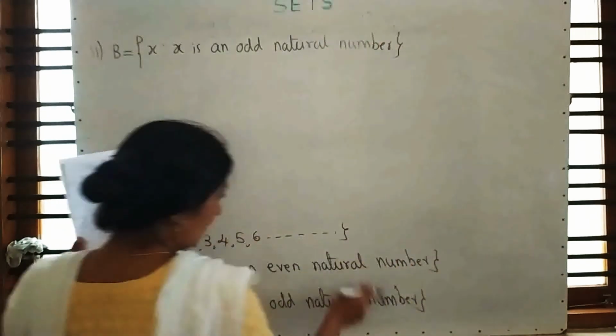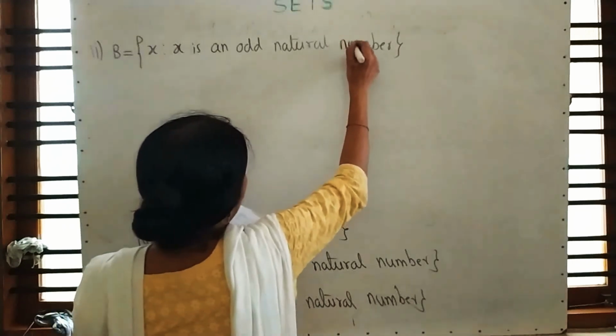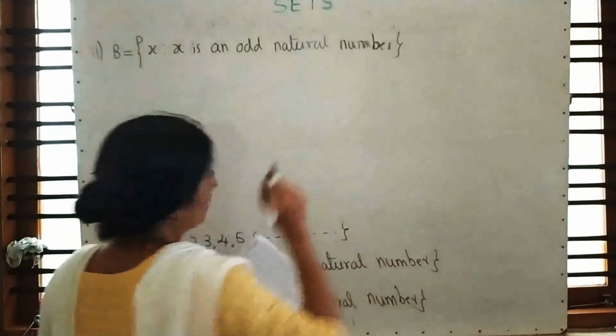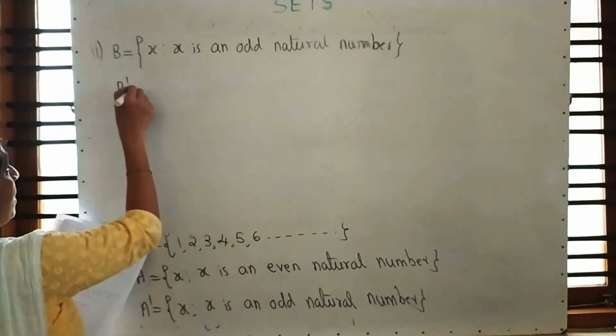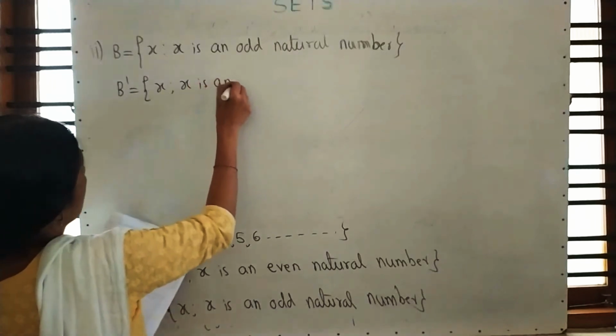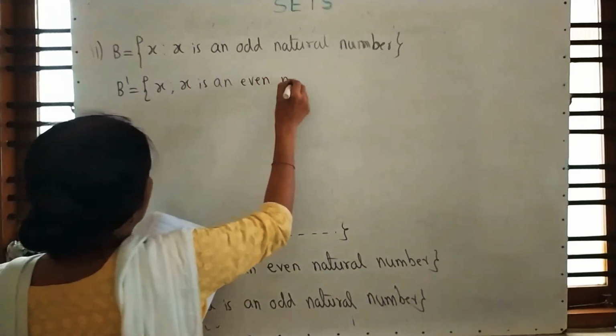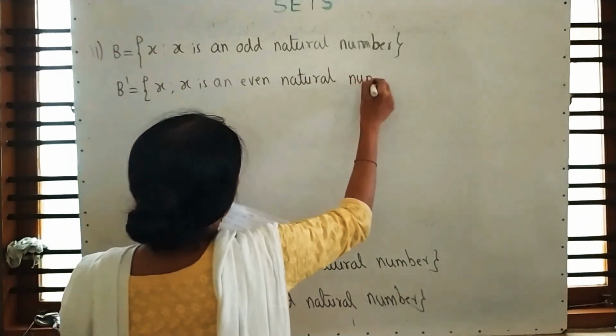See, the same question they ask in the reverse. They just interchange. Can you tell me the answer? Yes. It is an even natural number. Its complement is x such that x is an even natural number.